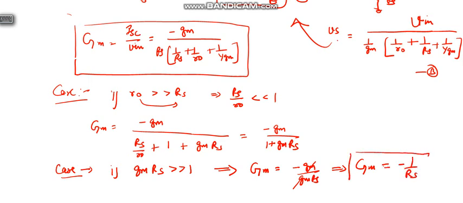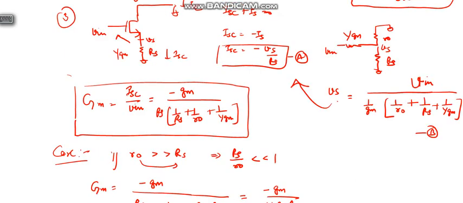Basically this linearizes our Gm, depending only on RS. This kind of configuration is known as source degenerated common source configuration.